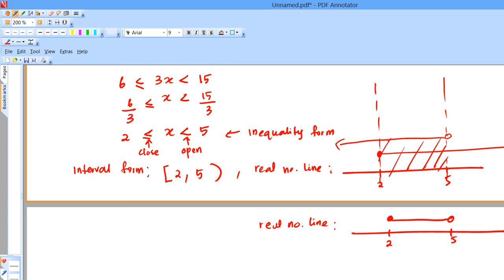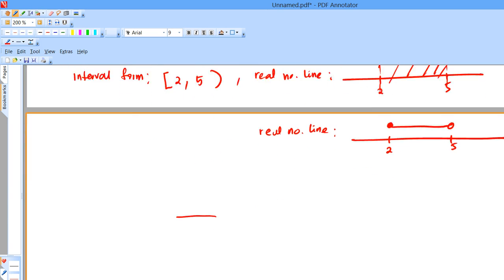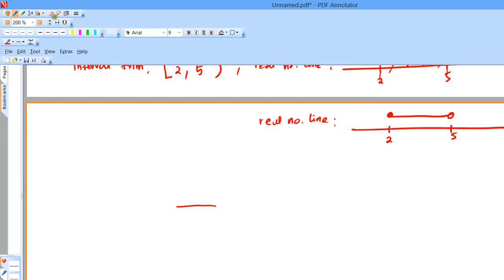Okay, next, example number 4. We have 7 minus 4x over 3 less than or equal to 5 and greater than negative 3.